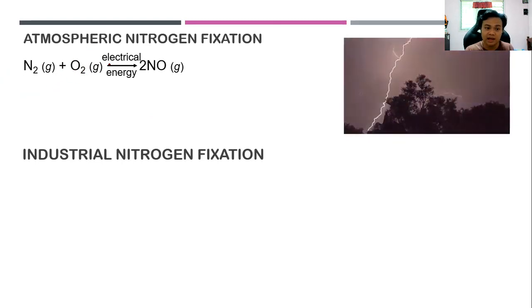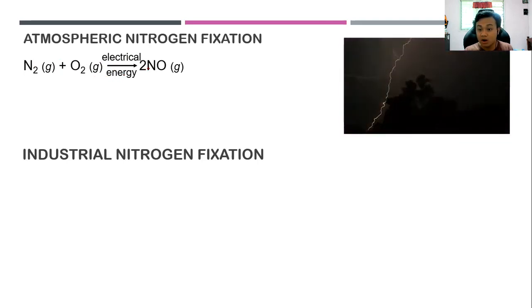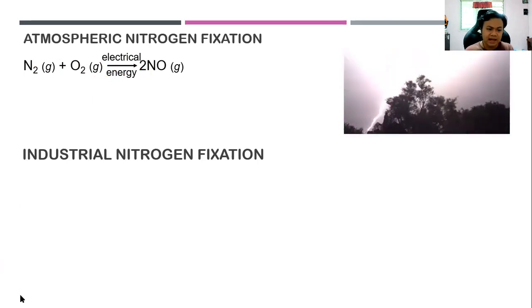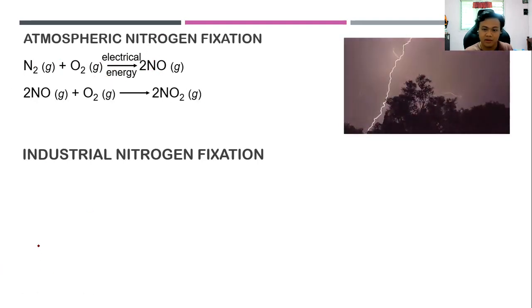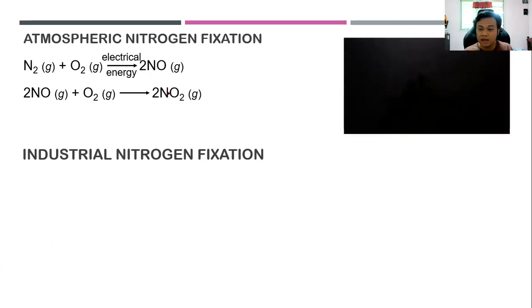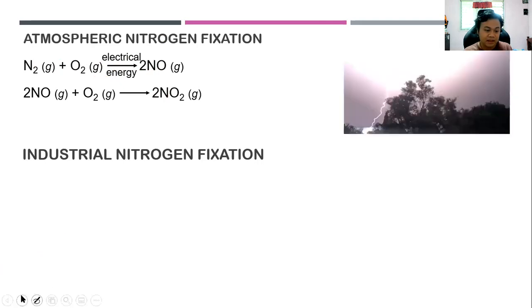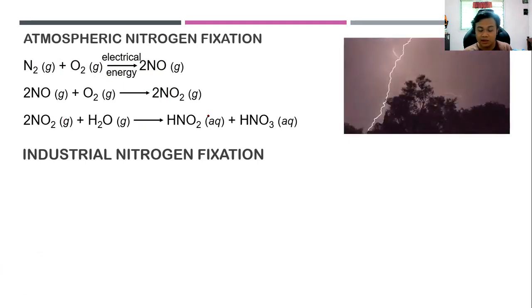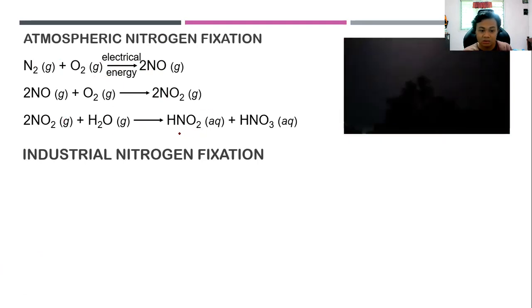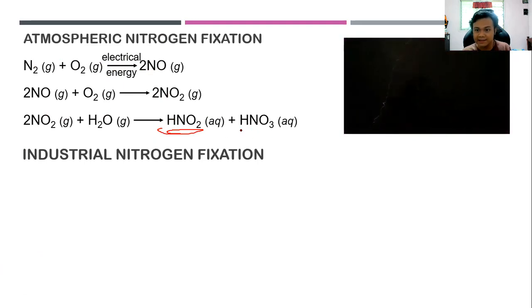They will react using the electrical energy from the lightning, and they will form nitrogen oxide. Next, the nitrogen oxide will react with oxygen to form nitrogen dioxide, as they're all in gaseous forms. And then finally, this nitrogen dioxide in the atmosphere combines with water to produce nitrous acid and nitric acid.